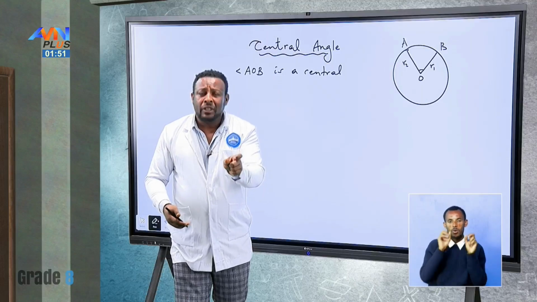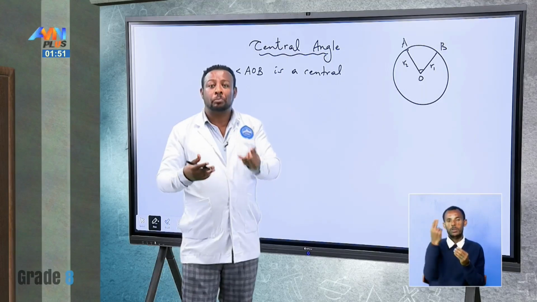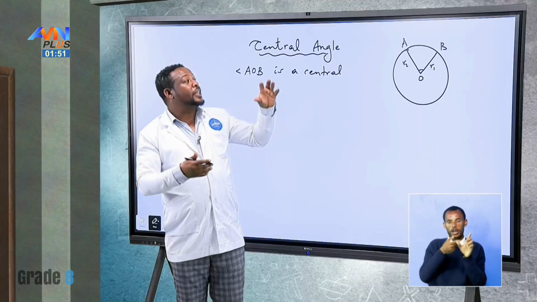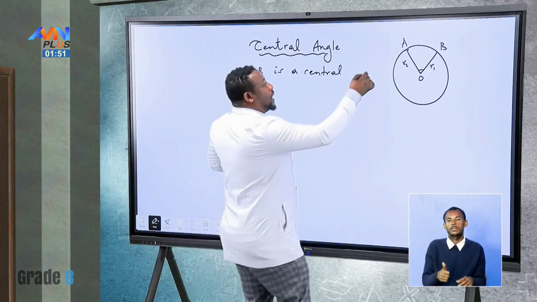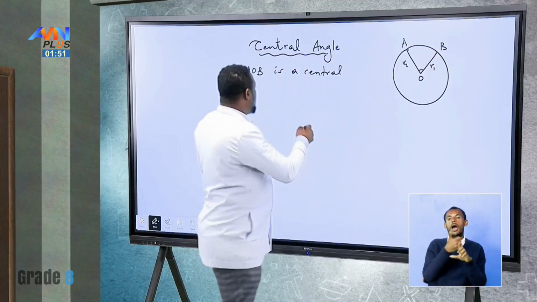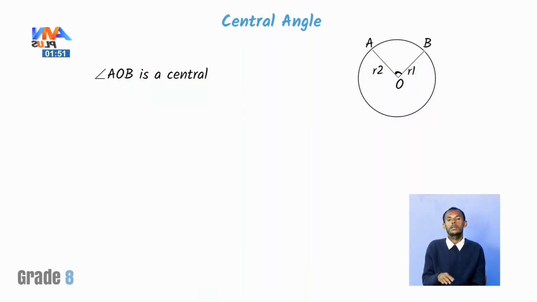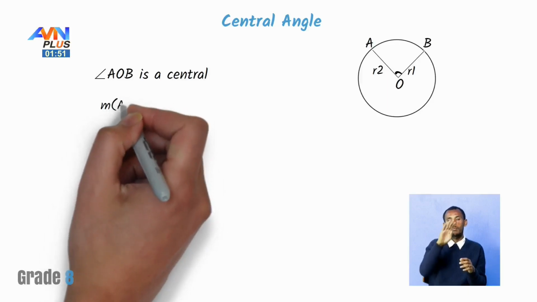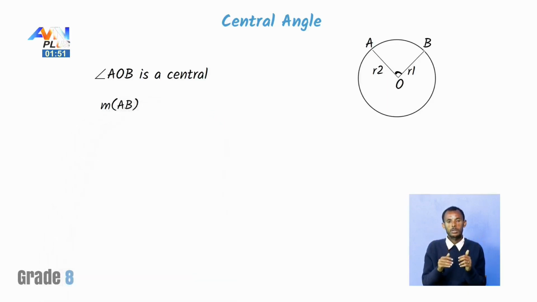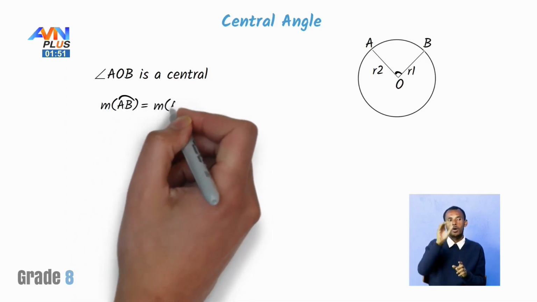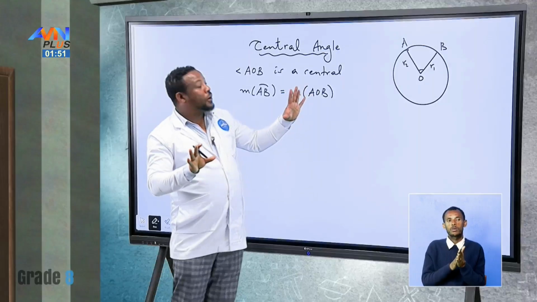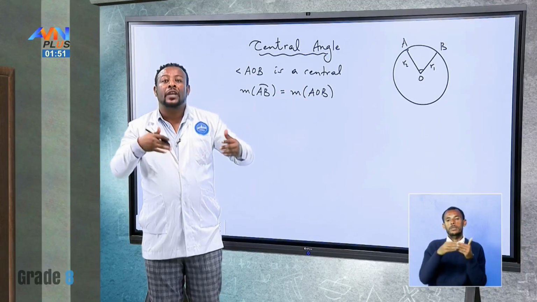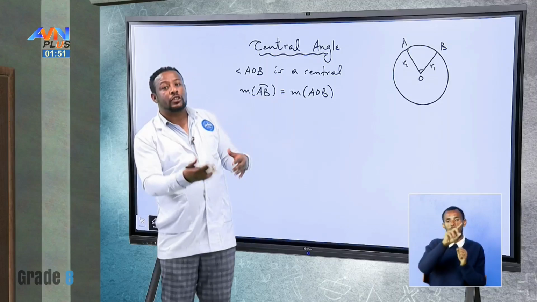Let me tell you one more important relationship between the central angle and the degree measure of the arc subtending it. This arc AB, the measure of arc AB is the same as the measure of the central angle AOB. You need to remember this principle whenever we are solving questions related to central angle.